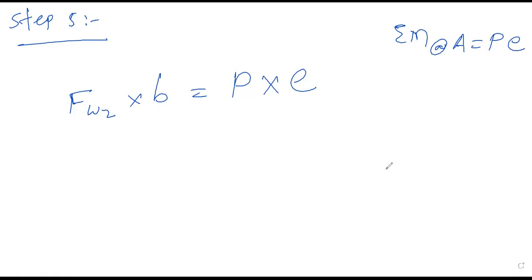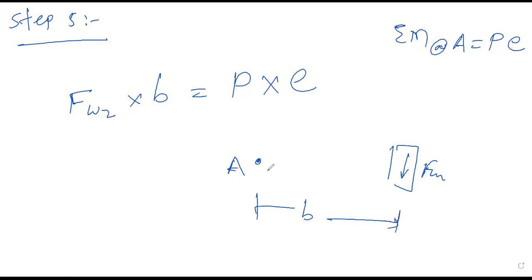FW2 is acting in this flange and point A is here. From this we have taken the distance from the center, that is b, like this, right? So FW2 into b is equal to P into e.